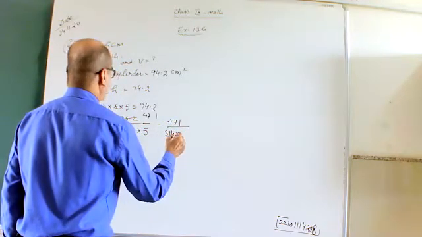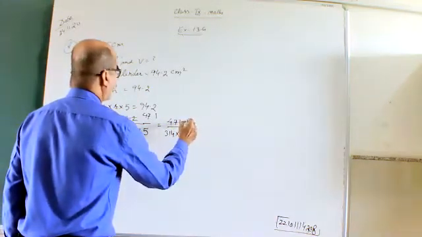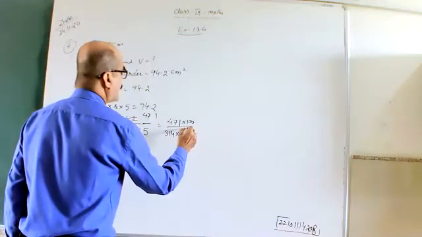314 into 5. There are 2 places after the decimal here, so it will be 100, and here 1 place, so it will be 10.